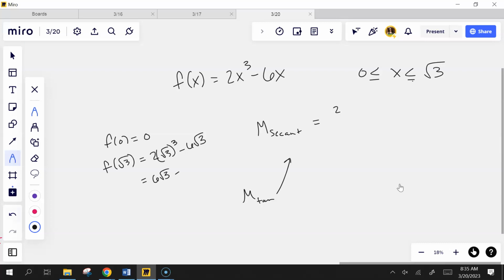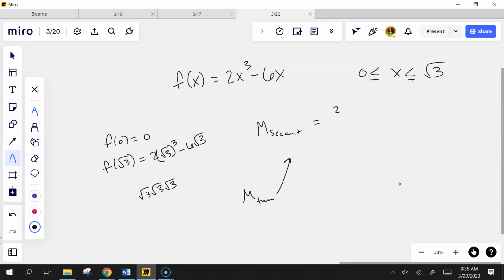No. I think it is. This is non-calculator, right? Square root of 3, 3 times.